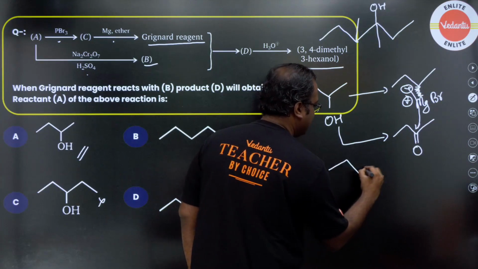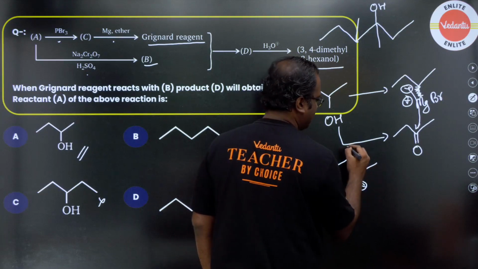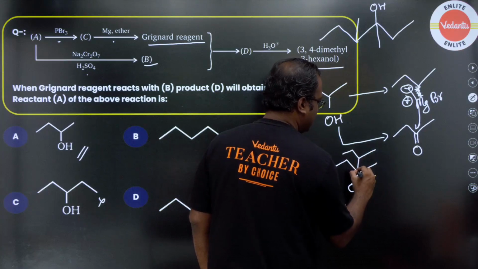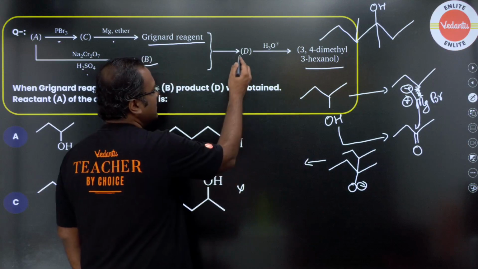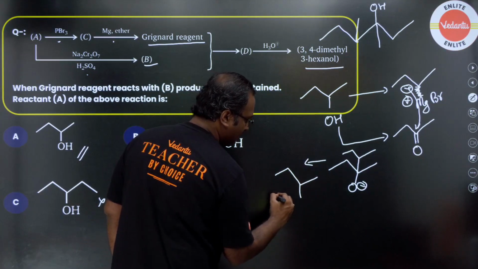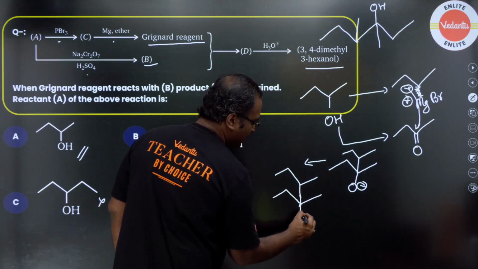So what do we get? This was your O minus, and this is your 4 carbon system that attacked. This was D, finally H3O plus. Finally with H3O plus, you got your product.